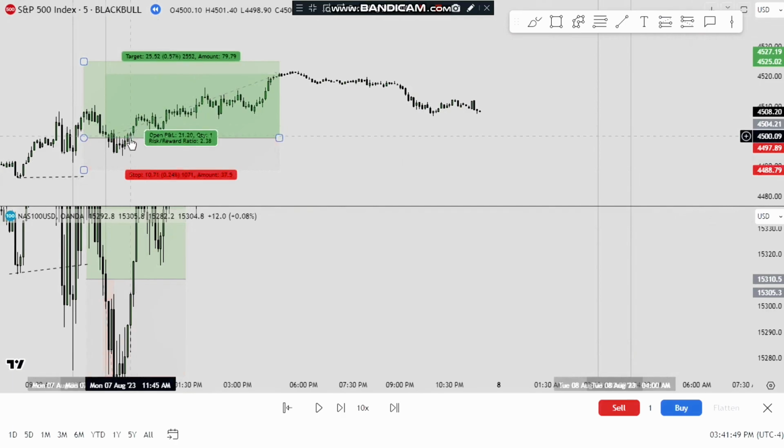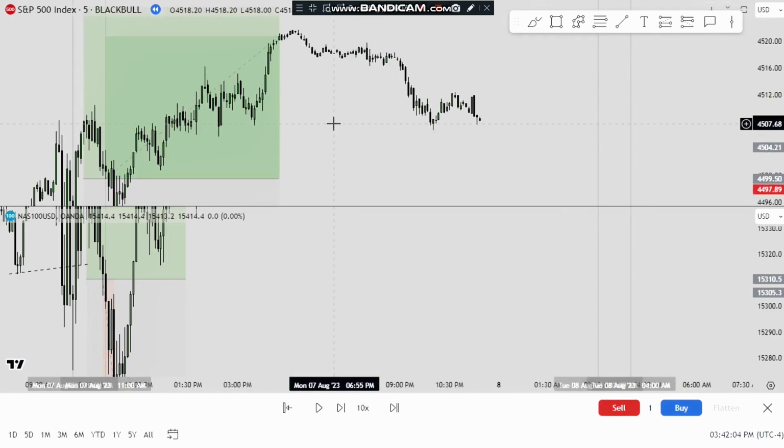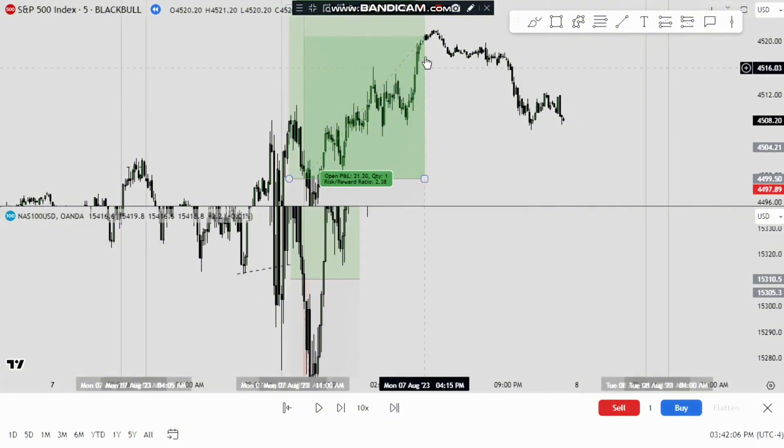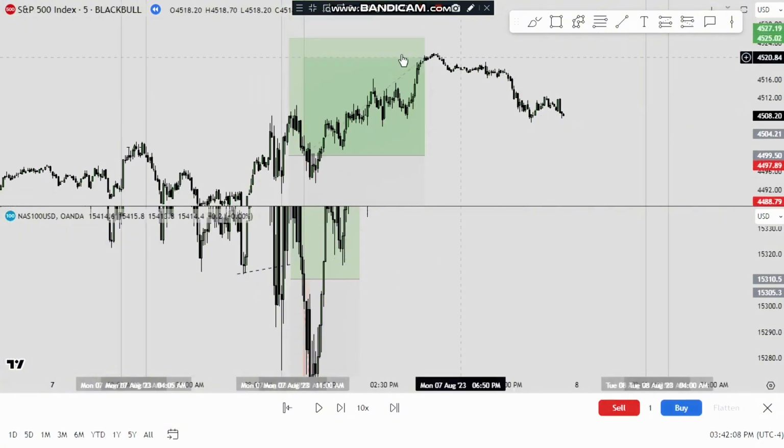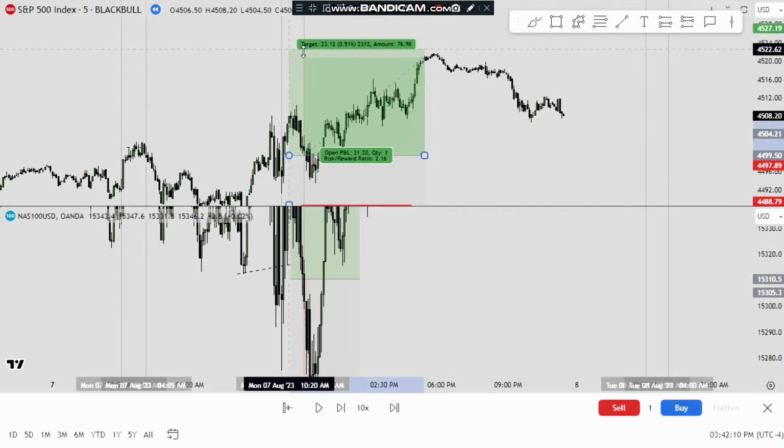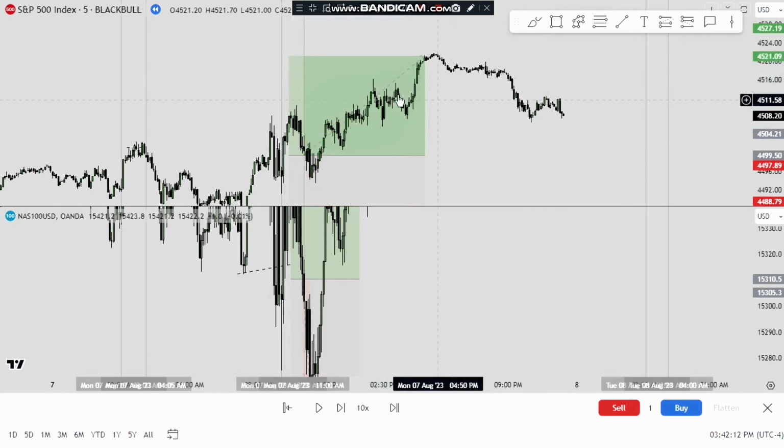We got a pump from this point, 14,500 towards 4520. Okay, 4,500. So this is 20 handles, and I think is good enough. Okay, ICT usually recommends 10 handles and 15 pips for the forex.